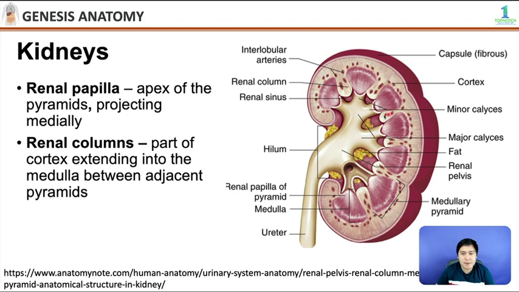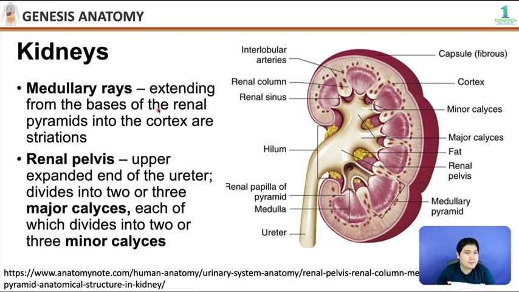Sometimes you will see striations at the renal cortex. Those striations are called medullary rays. They extend from the bases of the renal pyramids into the cortex. Those are your medullary rays.